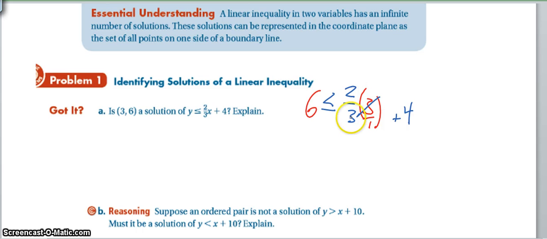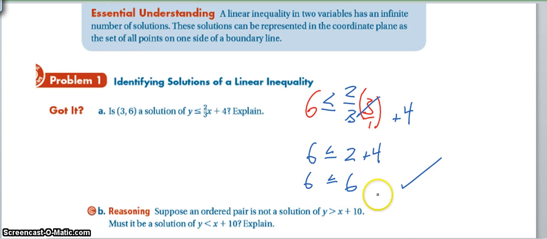So these 3's cancel each other. And then I get 6 is less than or equal to 2 plus 4, so 6 is less than or equal to 6. Is that true? Yes, in fact it is, so that checks out. It would be right on the line since it's the exact same, but it would work. It is an accepted point.